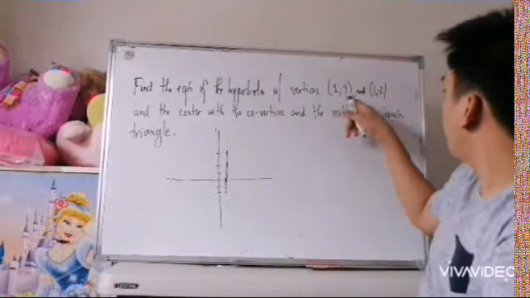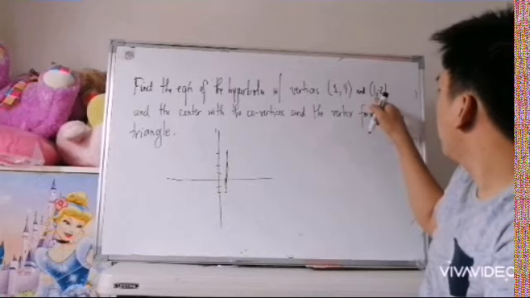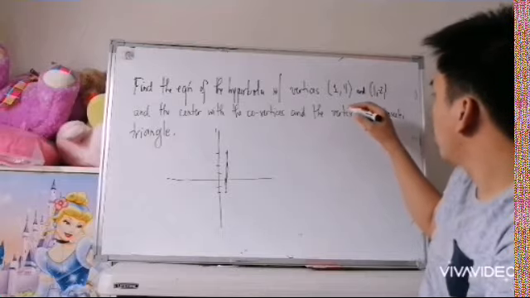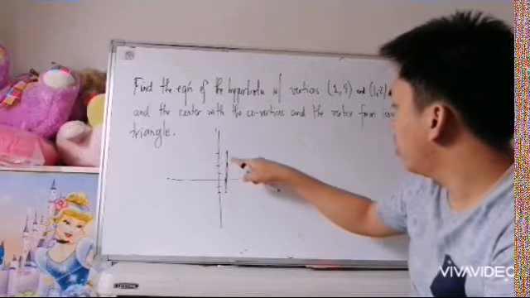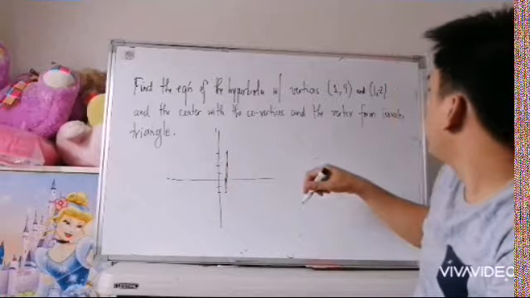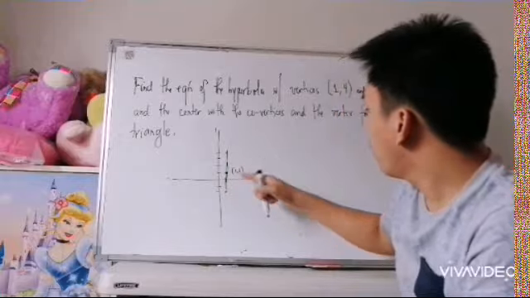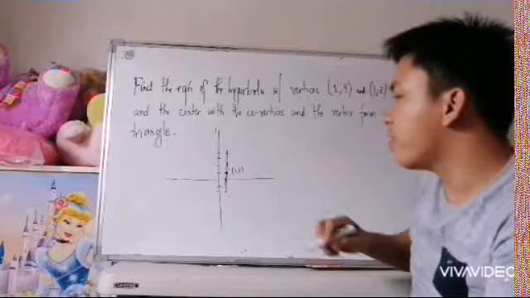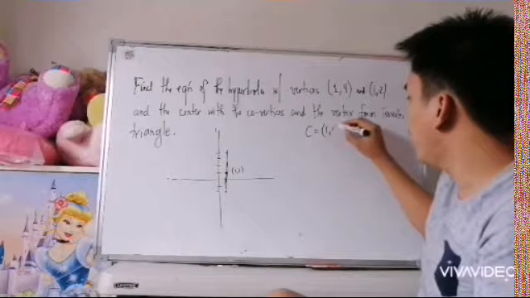So what's the midpoint? From 1, negative 2, that's 0 here, that's 2 here. So I guess it's 1, 1. 1, 1 to 1, 4, the distance is 3. 1, 1 to 1, negative 2, the distance is 3. So you're pretty sure that your center is 1, 1.